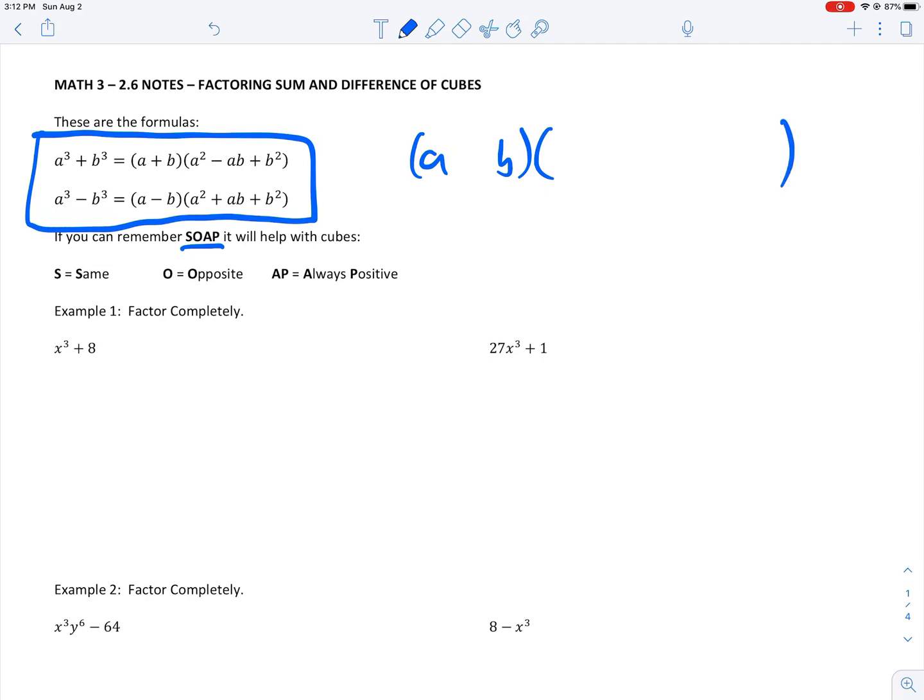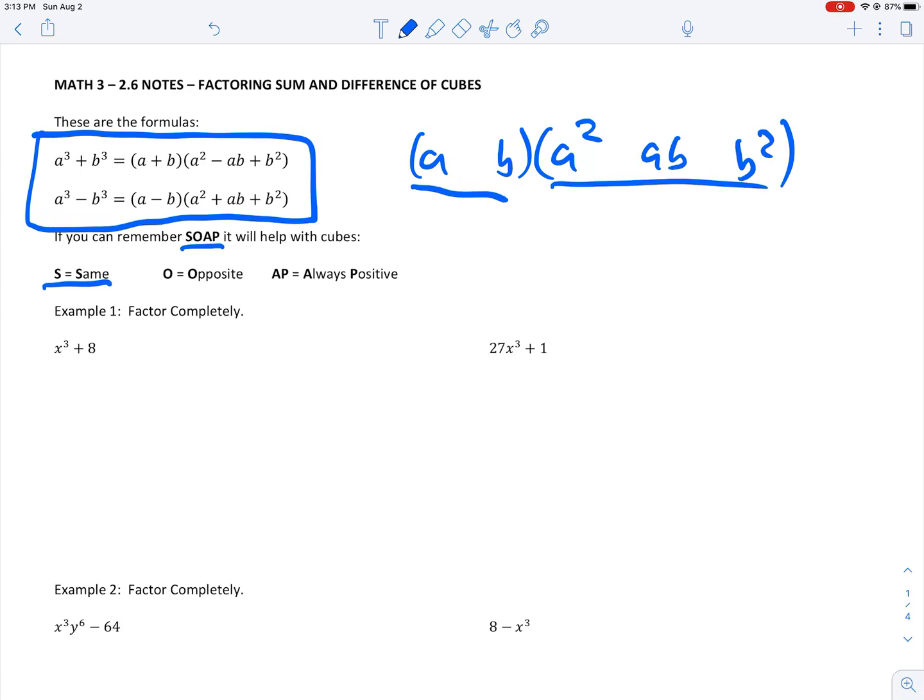The way it works is I know it's A, I know it's B, and I know it's a binomial, trinomial, A squared, AB, B squared. It's always that same order every time. The only thing that's going to change are the signs. And if you can remember SOAP, you can remember the signs.